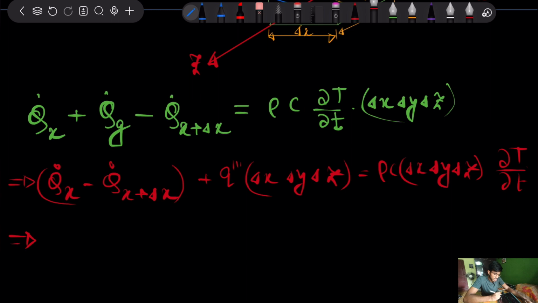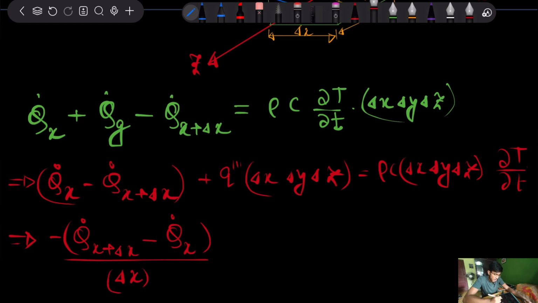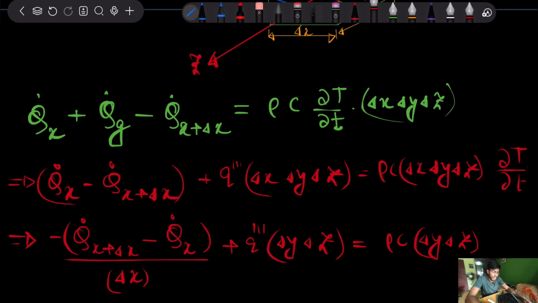Now what can I do? I can divide the whole thing by delta x, and I can write this as q x plus delta x minus q x. In that case I have to take a minus out and it will be divided by delta x, plus q triple prime, and this is equal to rho c delta y delta z into del T del t.